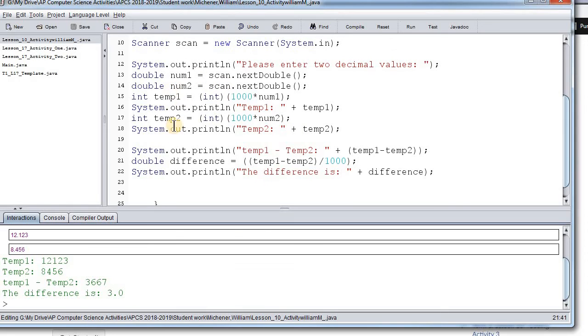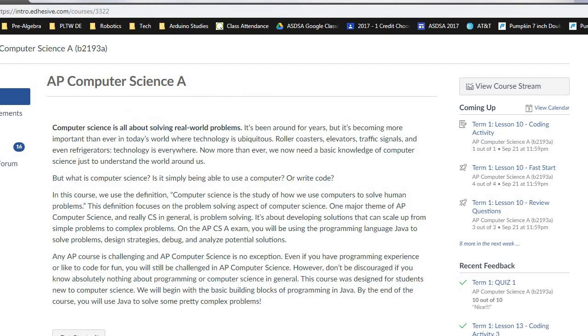or I don't know if you could have casted something up here sooner. Maybe you could have made those integers. I'm not 100% sure. Let me drag this off the screen and see what I did. Hold on just a second. I don't want to give it away. On mine, yeah, I scanned in a double.